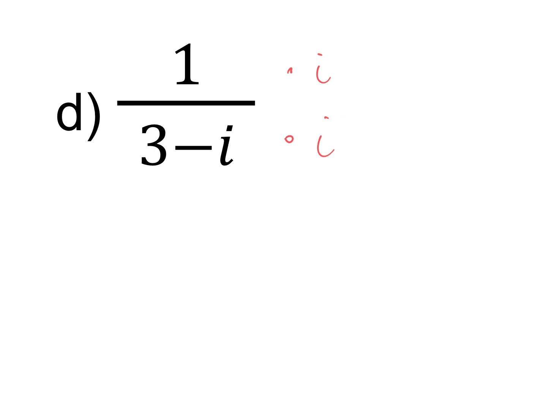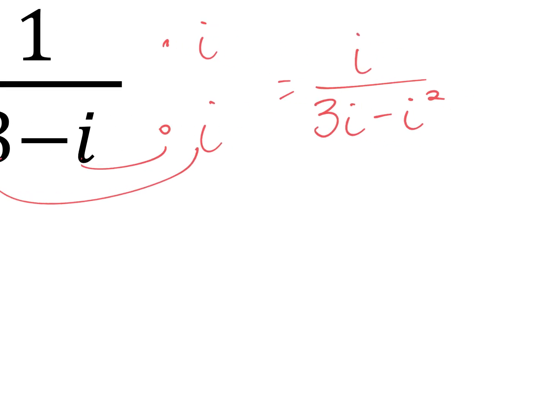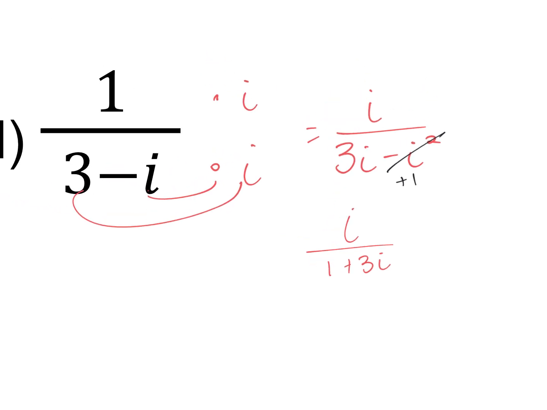The top is going to be i, right? The bottom, you're going to have to distribute that in. That's 3i minus i squared, which ends up being i over, this would be negative times negative 1, which would be positive 1. So 1 plus 3i. We have a problem. We didn't get rid of the i in the denominator. We just moved it over.